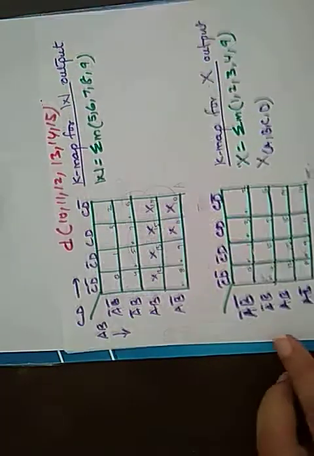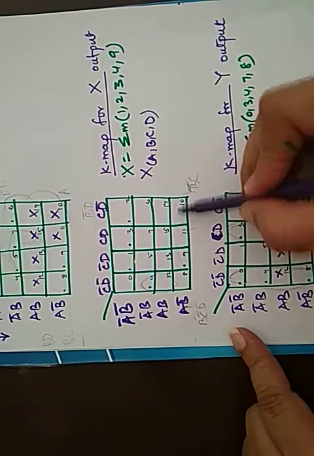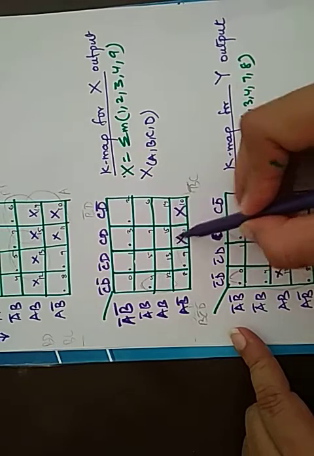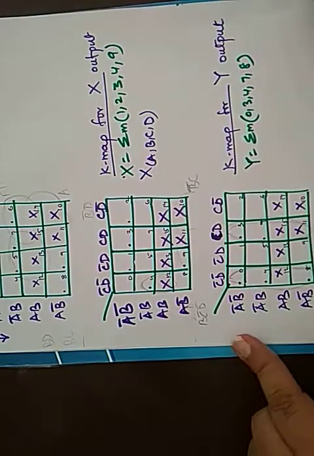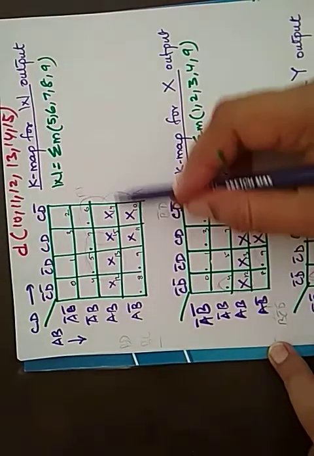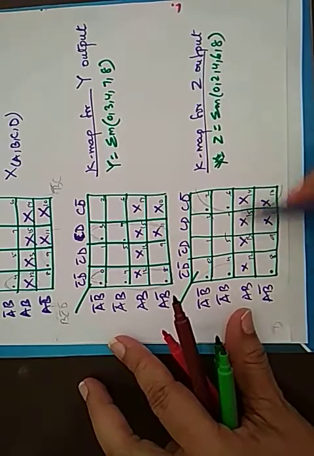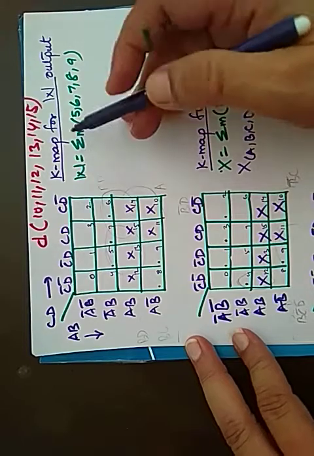Since these are don't care conditions, let us first mark these don't cares. To speed up your work, you draw the 4 maps and mark the don't care conditions in each map, and then start solving one by one. Let us start with the W map.